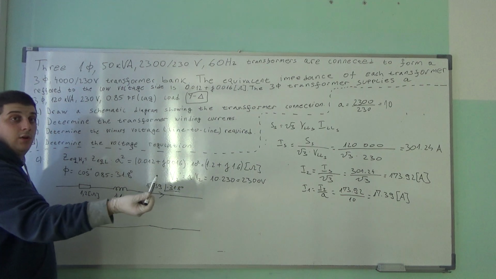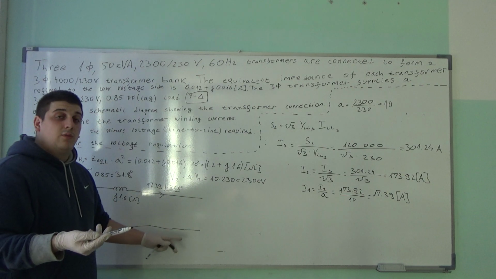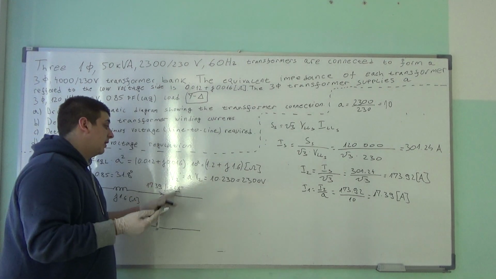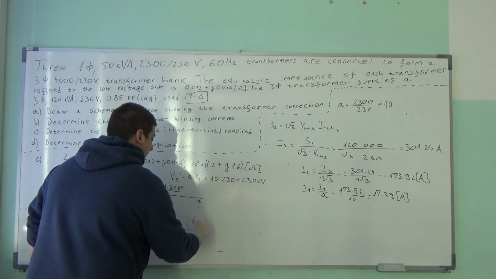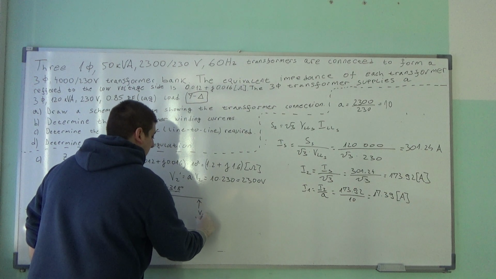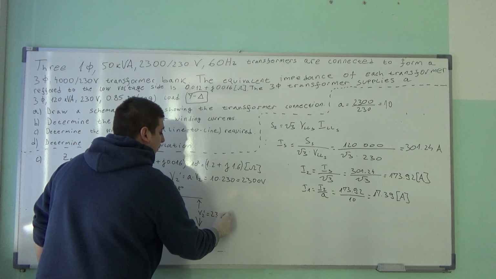and the referred low voltage side on the high voltage side, which is equal to V2, is equal to 2,300 volts.